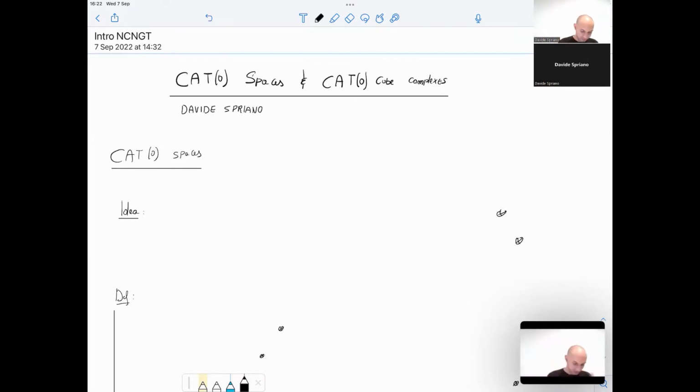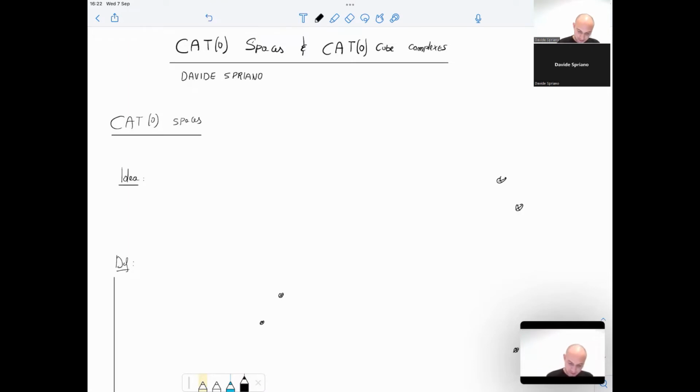Okay, right. So we want to talk about CAT(0) spaces. And well, what is the idea? The idea is that we want to encode the notion of curvature in a general metric space. So we all studied some version of Riemannian geometry, some sort of course of it, maybe geometry 1, geometry 2.